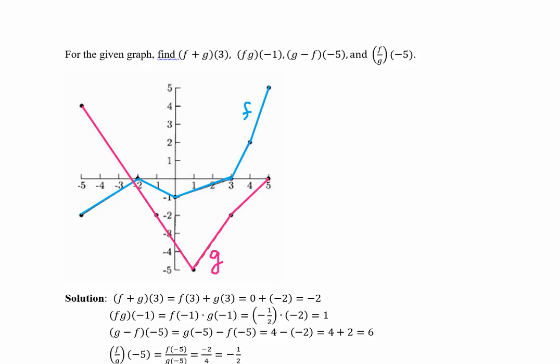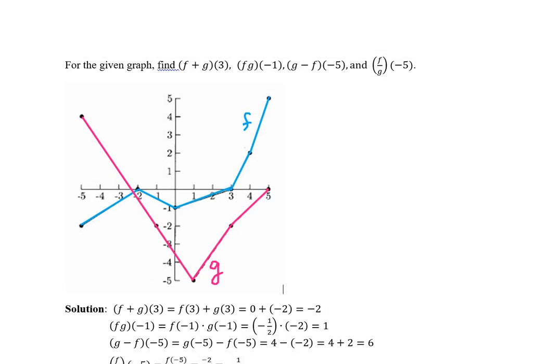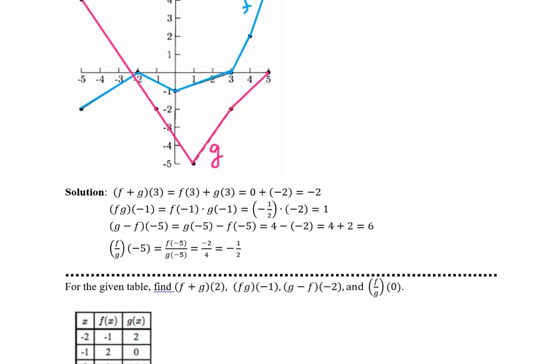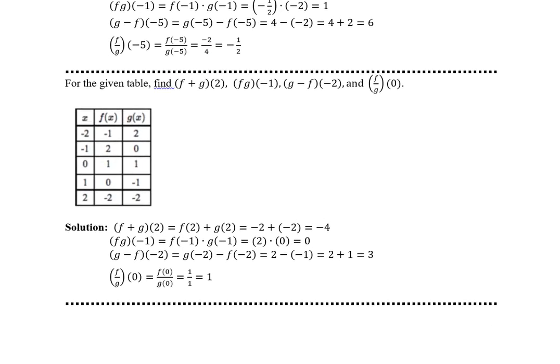And I'm going to try and scroll this down if I'm able to. Clear that, and let's look at these. Okay. All right, now what do we want to do with all of these? f plus g evaluated at 2 is equal to f of 2 plus g of 2.